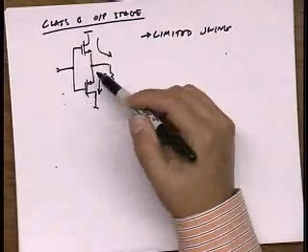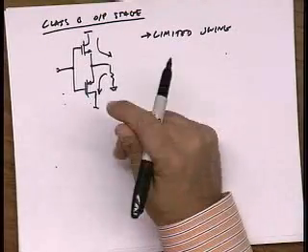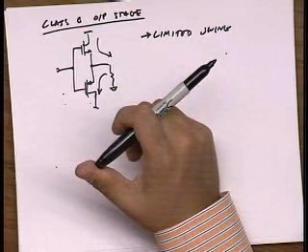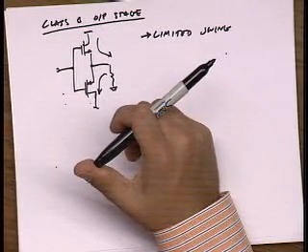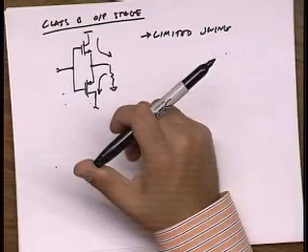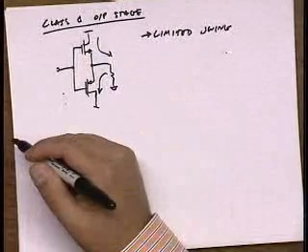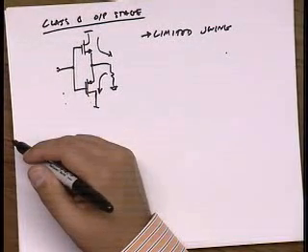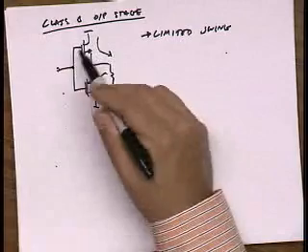Why is it that in bipolar I wasn't concerned with the swing, but now I am concerned with the swing? Anybody? Well, it's the threshold voltage of these devices, right?